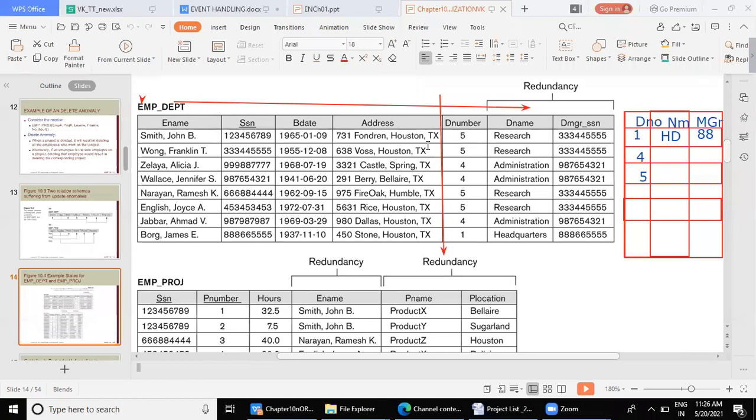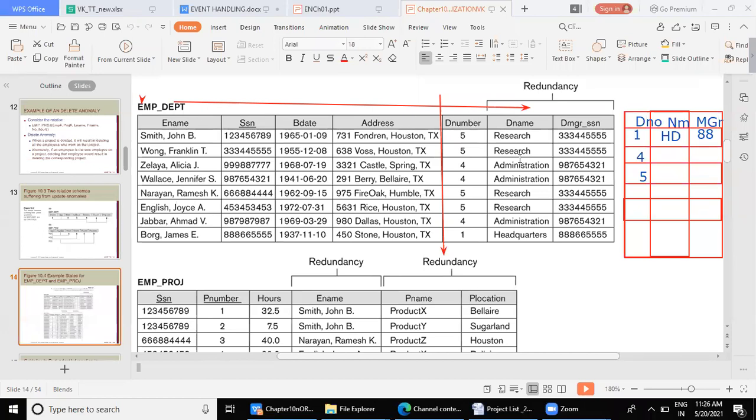But in that process, if you divide it, you lose the information of relations between these two tables. In this table, we have information about where each employee is working, like in which department every employee works.